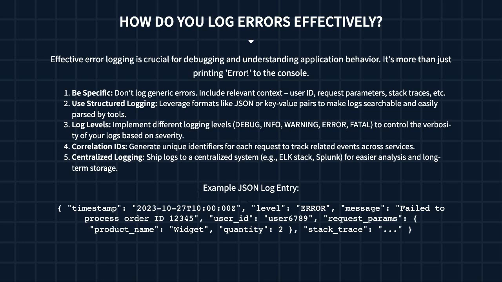Next, consider using structured logging, which means formatting your log entries in something like JSON. This makes them super easy to search and analyze. Then, utilize different logging levels. Debug for detailed info during development, info for general operation, warning for potential issues, error for actual problems, and fatal for critical failures. And don't forget correlation IDs. These help you track related events across your application if something goes wrong.